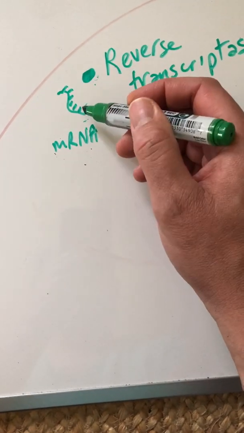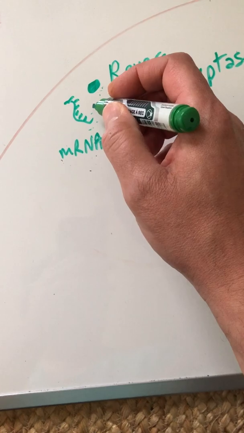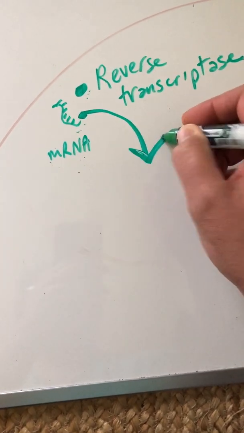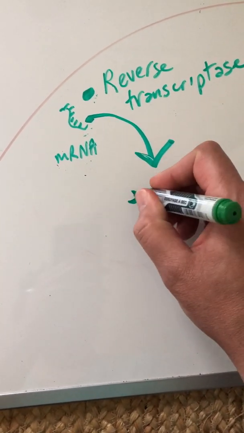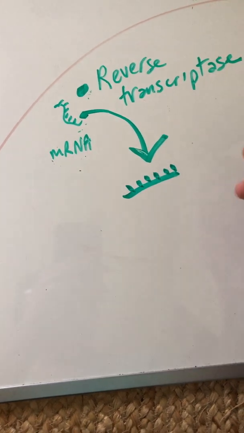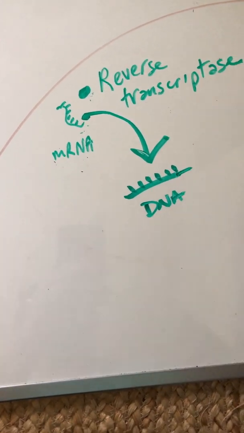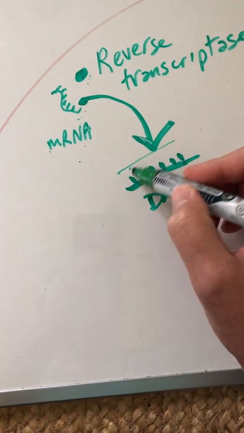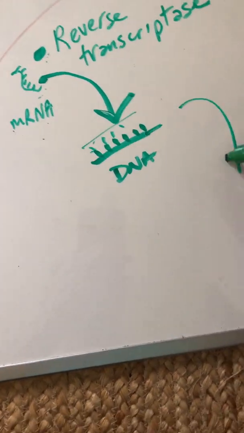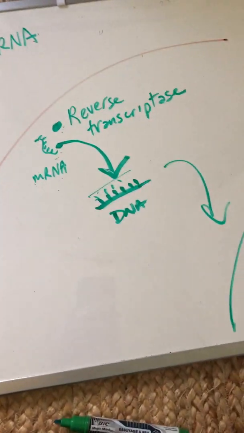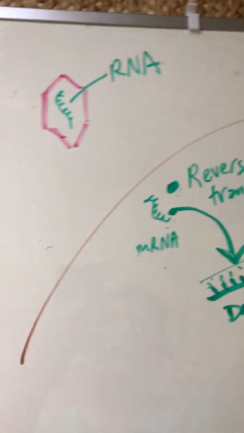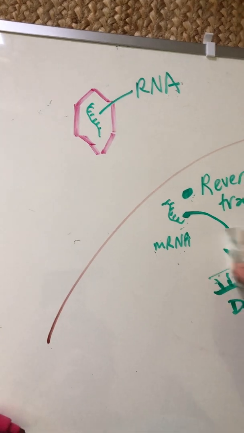It'll use the enzyme, use the mRNA, and copy the mRNA back into DNA. So there'll be T's here instead of U's. And then the cell will often make this double-stranded and insert it into the nucleus, right? And that way the virus has infected the host, just like you should be aware of normally.